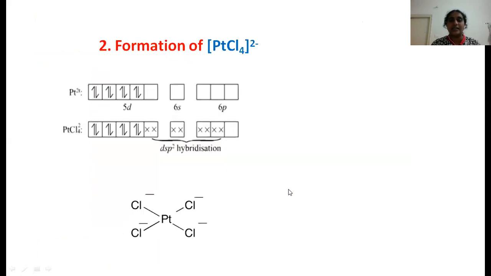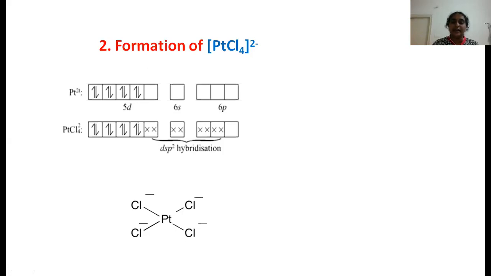Now look at another example, platinum tetrachloride. Here platinum's outermost electronic configuration is also d8 s2, because nickel and platinum both belong to the same group.